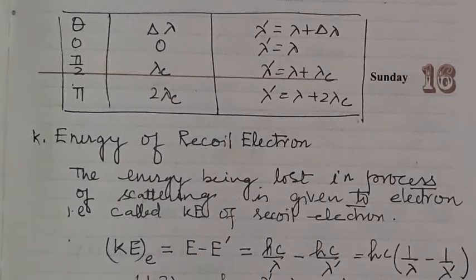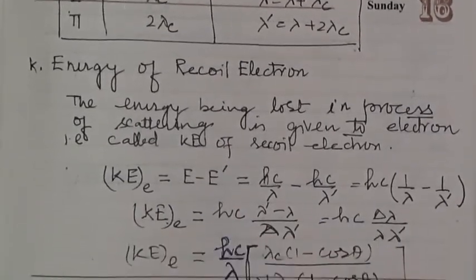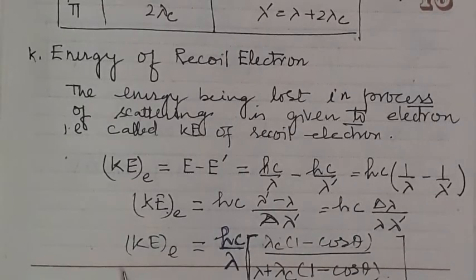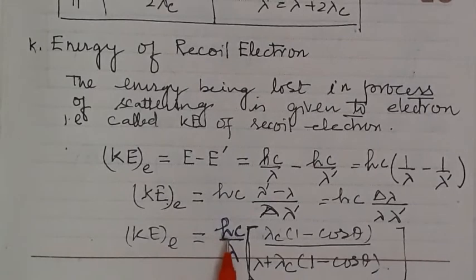Substituting the standard values, we get the kinetic energy expression as KE equals hc upon lambda, big bracket, lambda c into 1 minus cos theta over lambda plus lambda c into 1 minus cos theta, and the big bracket is closed.